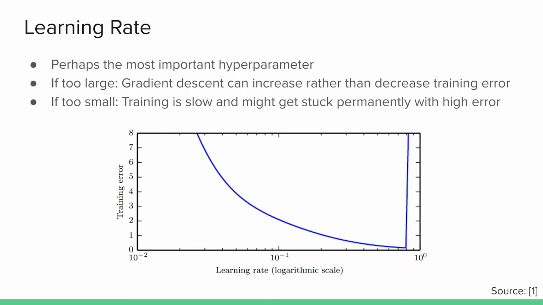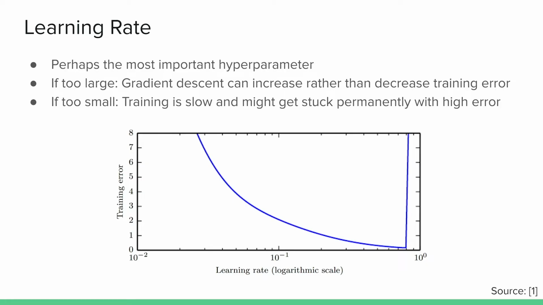And if the learning rate is too small, what you probably already assumed is that your training will be very slow. If I want to go downhill and I'm only allowed to take one tiny step at a time, it will take me a long time to get anywhere. One thing you will see is that if the training error actually increases, this happens if the learning rate is at least twice the optimal learning rate.